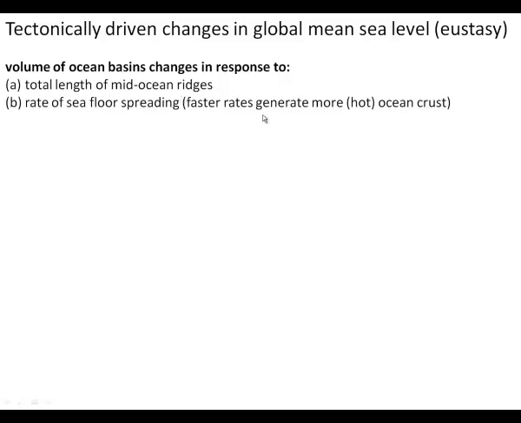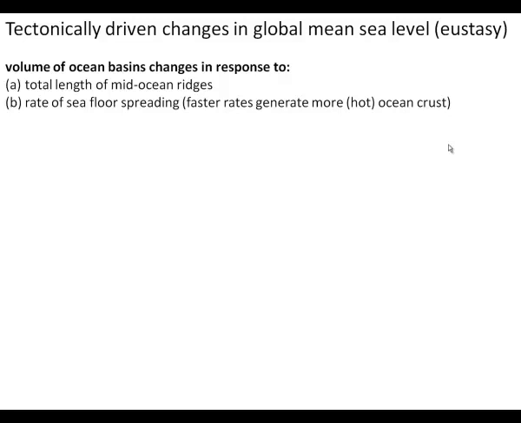The faster the rate at which new oceanic lithosphere is being created, the more hot ocean crust there is at any given time. So the 2 variables interact in that when the length of the mid-ocean ridges is greater and the rate of seafloor spreading is greater, you will have greater quantities of this young, hot, buoyant crust.